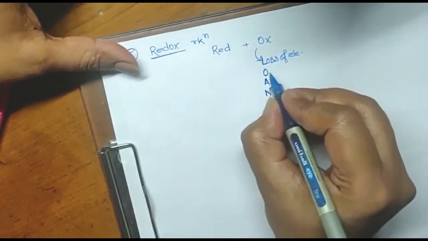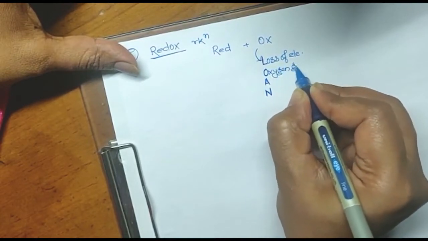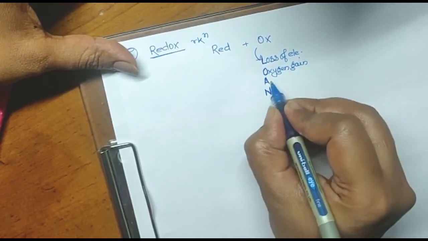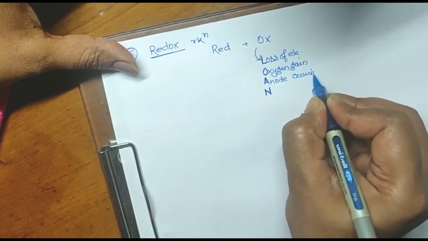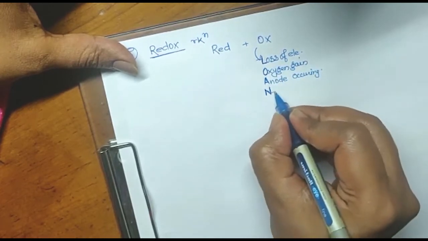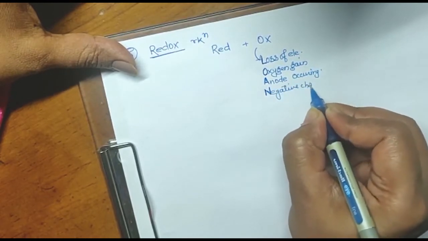Got it? O, oxygen gain. A, anode occurring. And N, negative charge decreases.